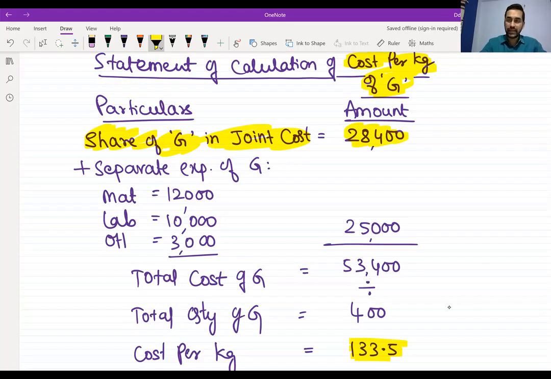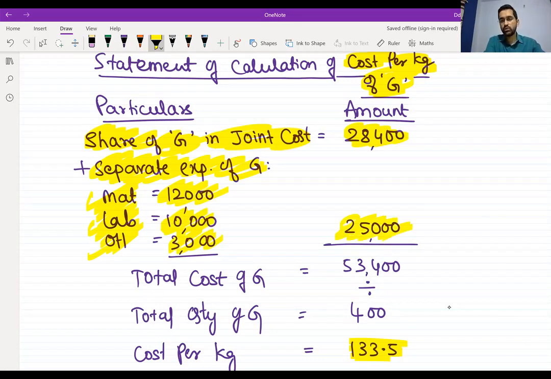Okay. Then you have to take the separate cost related to G, that is given in the table: material, labor, overhead, 12,000, 10,000 plus 3,000.